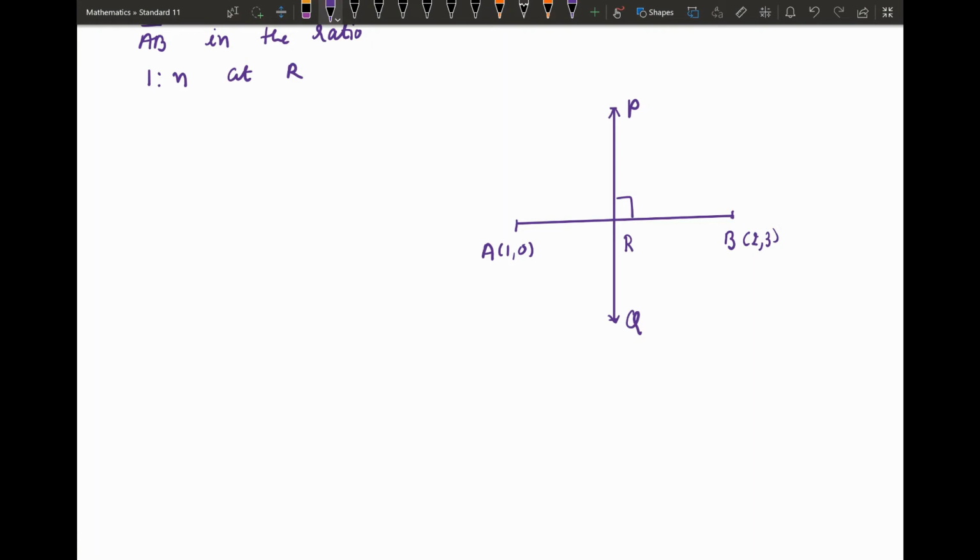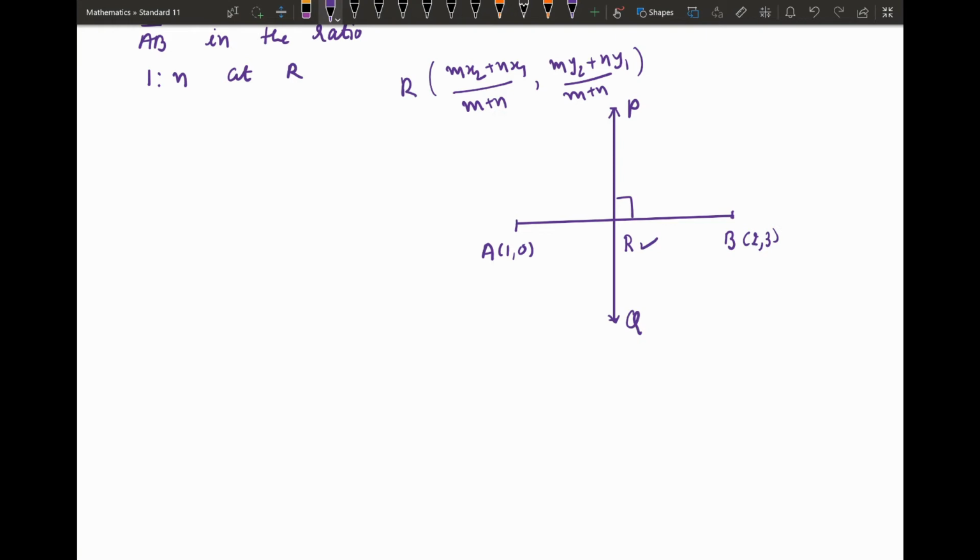So coordinates of R we will find according to the formula (mx2 + nx1)/(m + n), comma, (my2 + ny1)/(m + n). Using this formula we will find coordinates of R. Using slope of AB we will find slope of PQ.